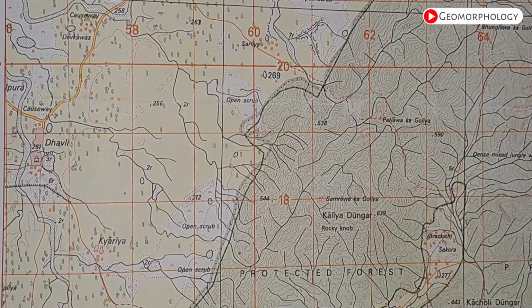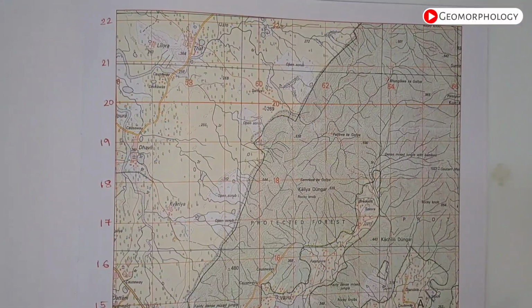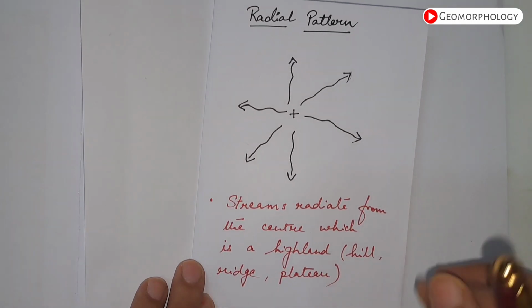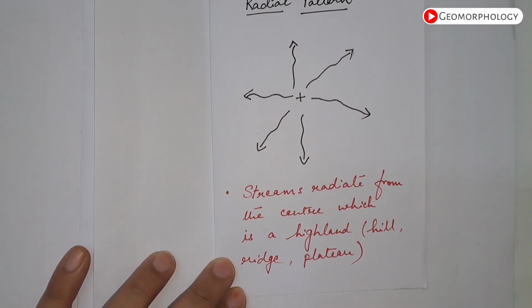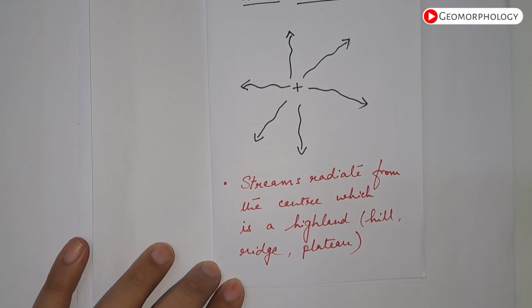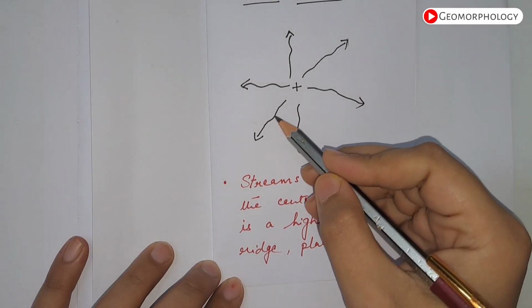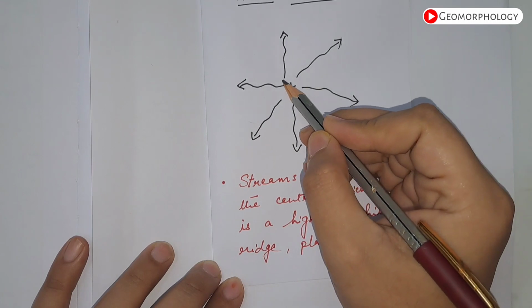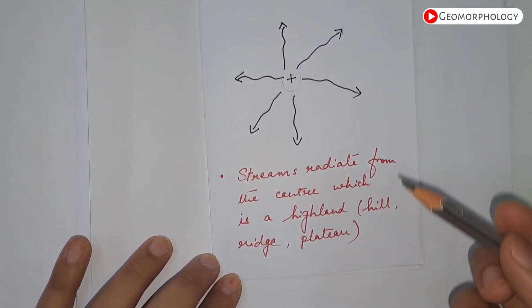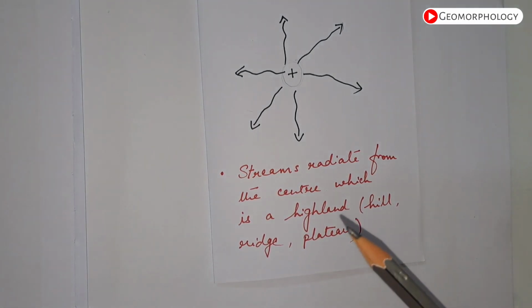Another one which we have is called the radial drainage pattern. So let's learn what is a radial drainage pattern. A radial pattern is the one where streams radiate from the center. Radiate means they come out from the center. This is the center. It is a highland. It can be a hill, a plateau, or even a ridge.